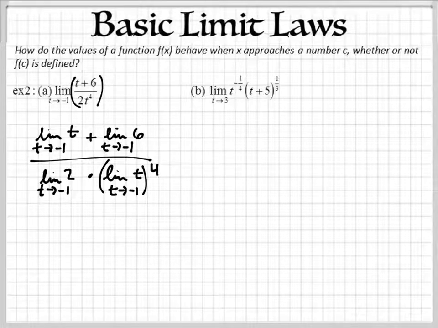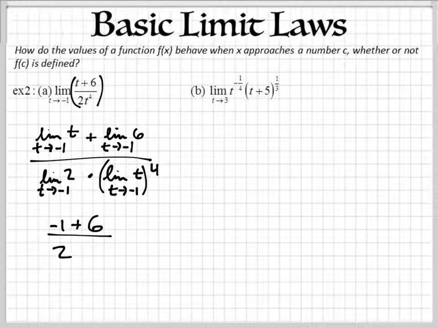For the first one, we get -1. Then for this one, we get 6. For this one, we get 2. And for this one, we get -1, but we have to raise it to the 4th power, so it becomes +1.